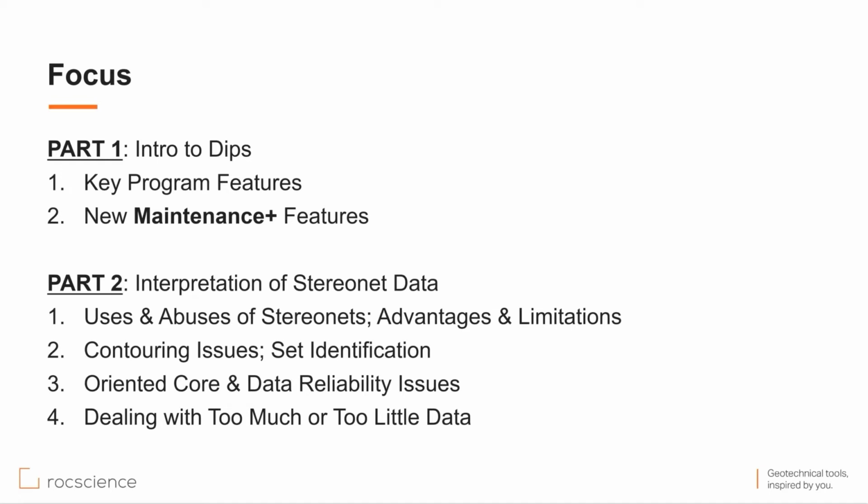Specifically, we have some applied examples, which will cover the following topics: uses and abuses of StereoNets, some advantages and limitations, contouring issues, in particular set identification, oriented core and data reliability issues, dealing with too much or too little data. If you have any questions, please feel free to type it in the chat. We will also dedicate the last 15 minutes for Q&A at the end of the presentation.